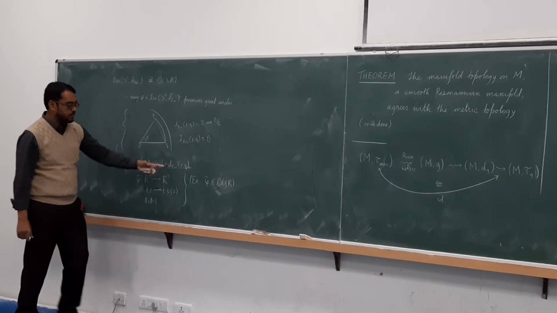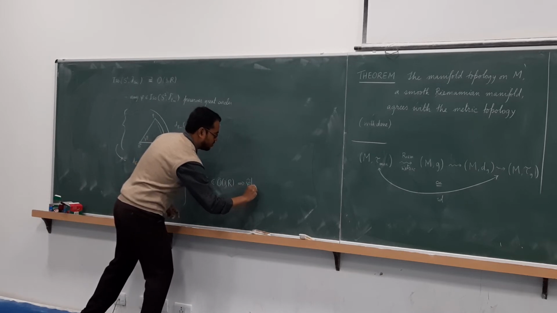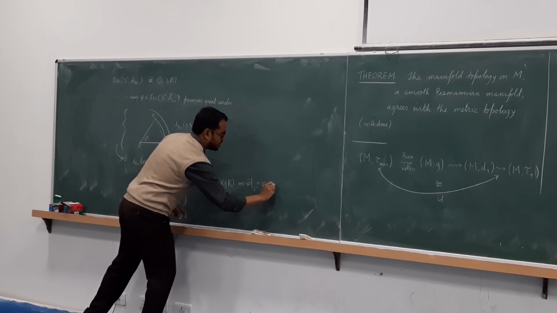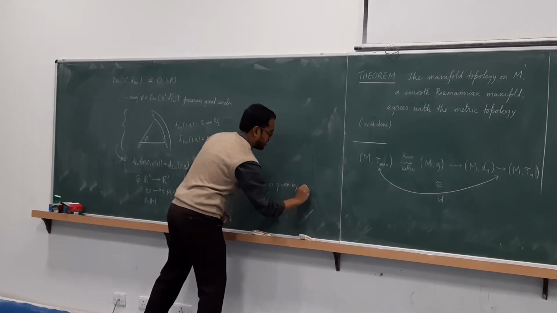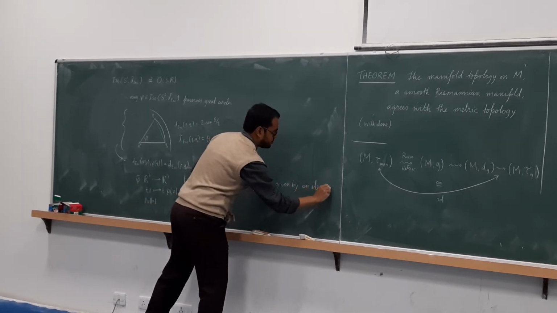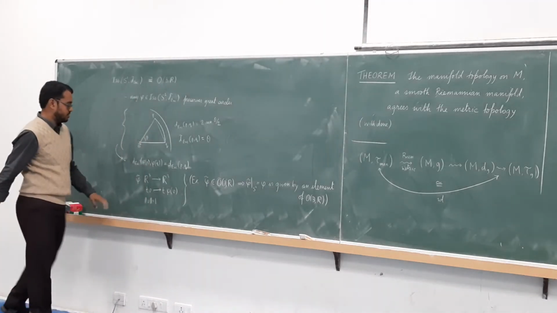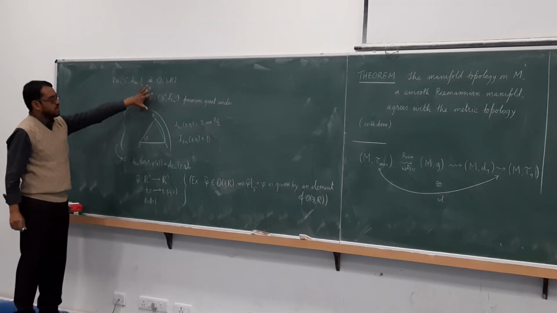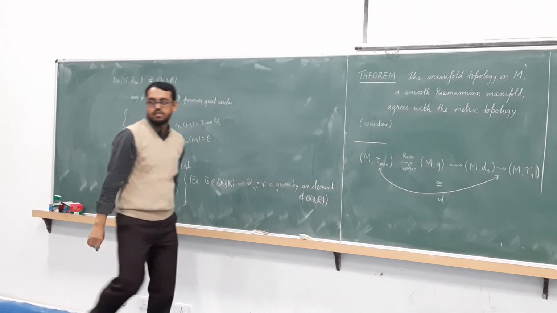So this implies phi tilde restricted to S2 is phi, so phi is given by an element of O3 of R. Once you assume this, you have to really check that this is linear and an isometry. That's all.